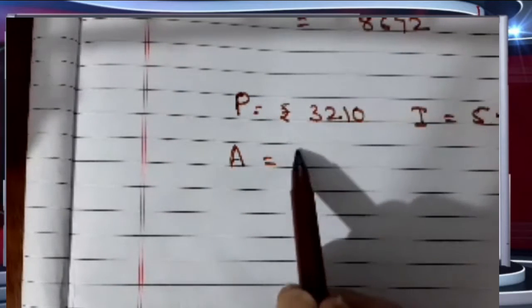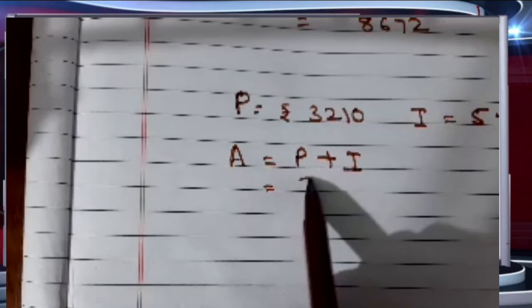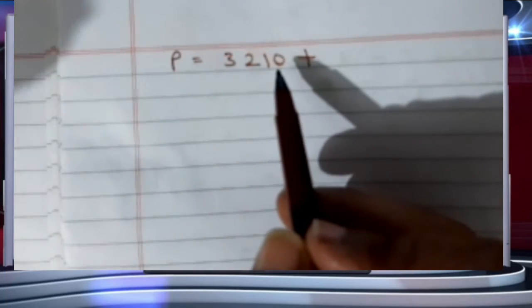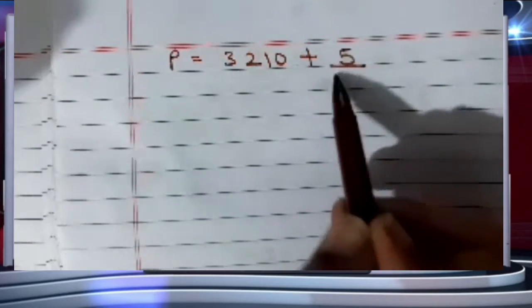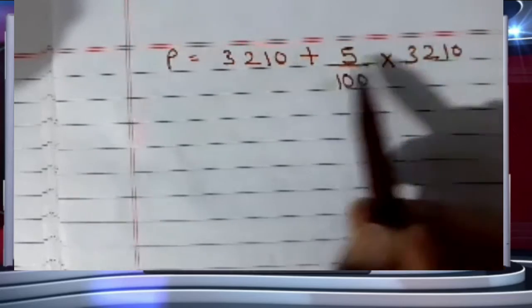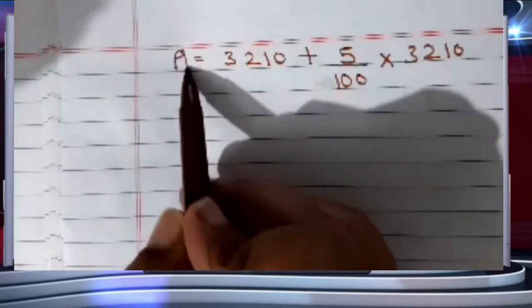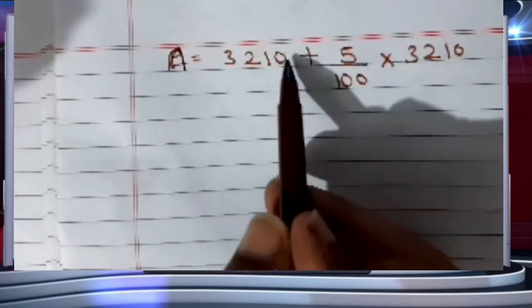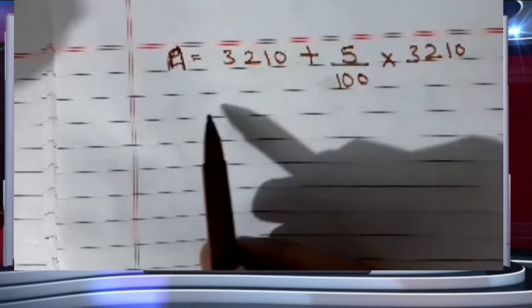First of all, here I have to find the amount. Amount is equal to P plus I. Here P is 3210, so P is 3210 plus I. Interest is 5%, which means 5 upon 100 of 3210. This 5% interest is earned on this much principal. So 5 upon 100 into 3210.